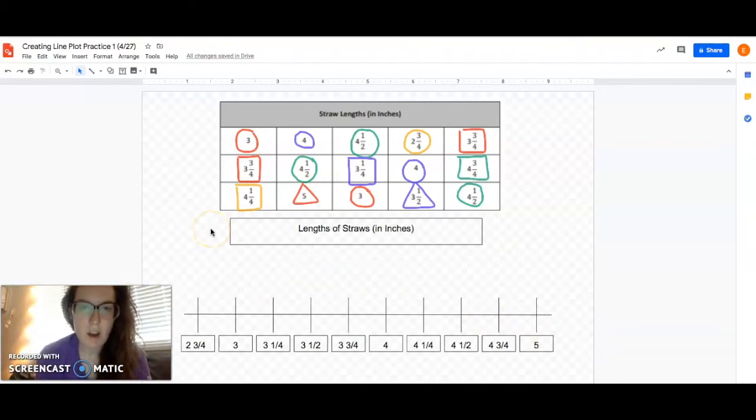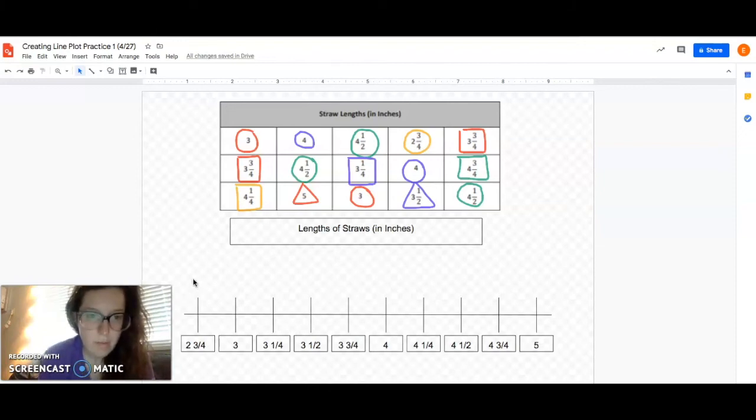I'm going to do all of my x's in red, just to make it a little easier on the eyes. So let's see. 2 3/4. How many 2 3/4 were there? Looks like there's just one orange circle there.